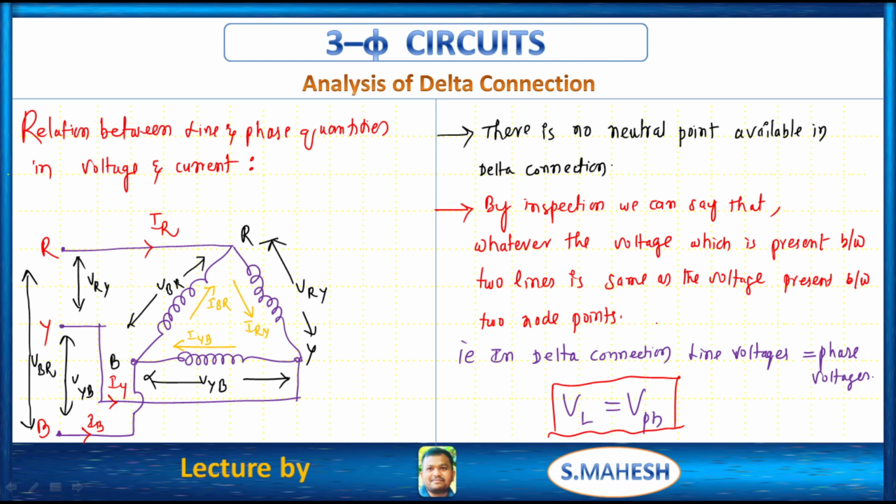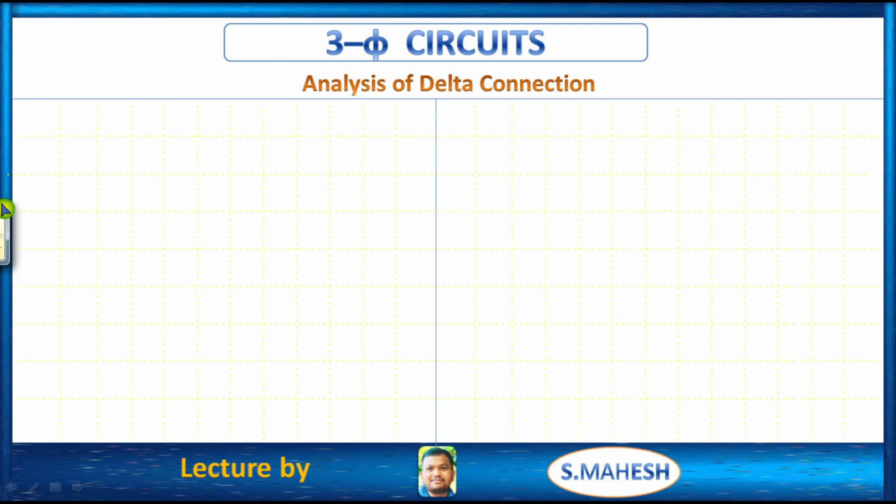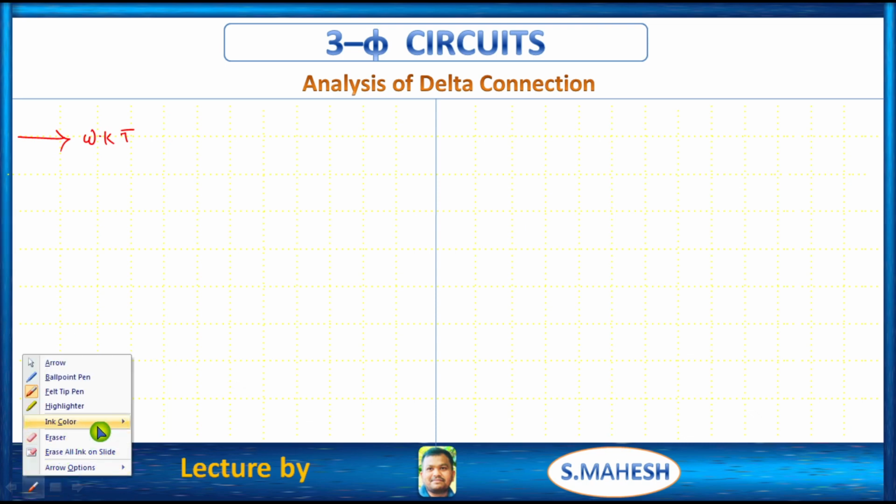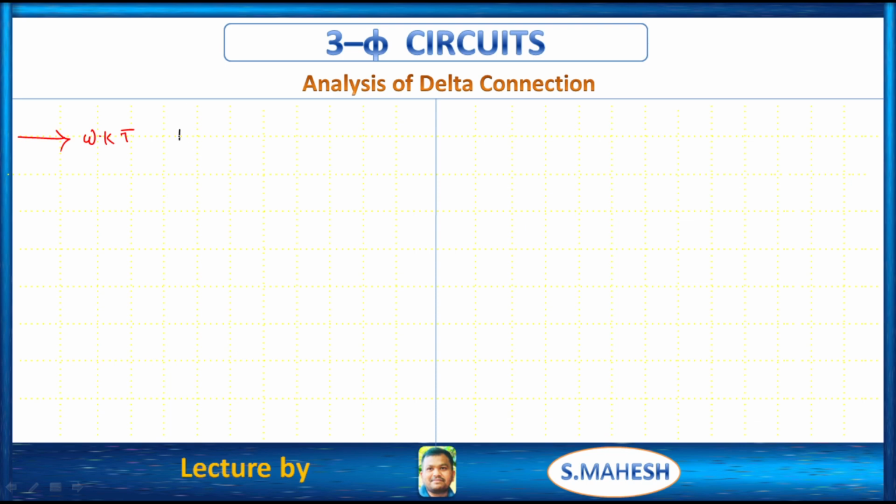Next we have to discuss currents. For that we know that IR, IY and IB are nothing but line currents, right?